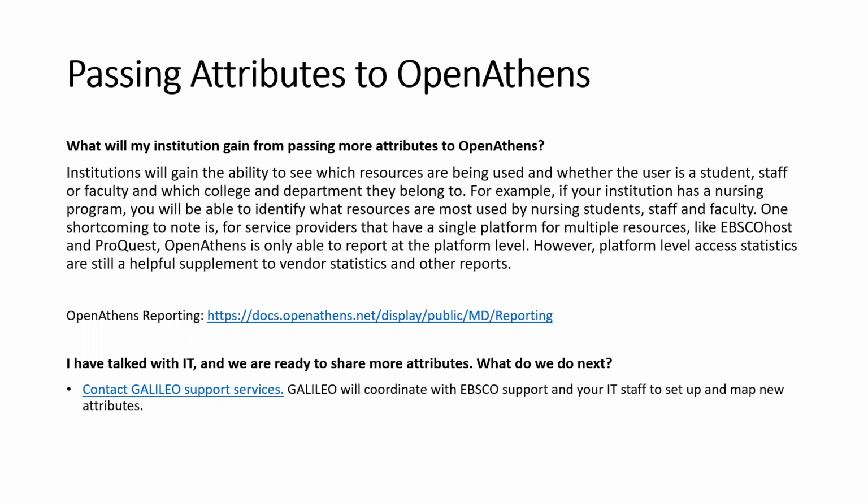This is why I think this is timely, and why Ken and the Rackle team have been working on this now: we want to give libraries who have been using OpenAthens for a while a cornerstone for conversation with their IT department about taking some initiatives to get new attributes moving forward. So credit to Ken for his work on this. He did a great job of bringing this together.